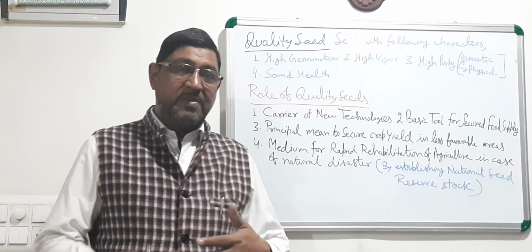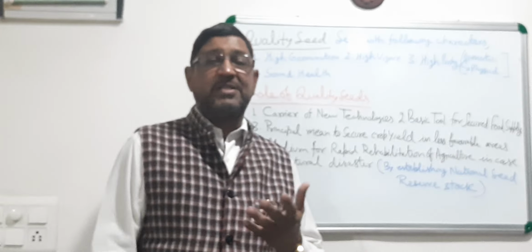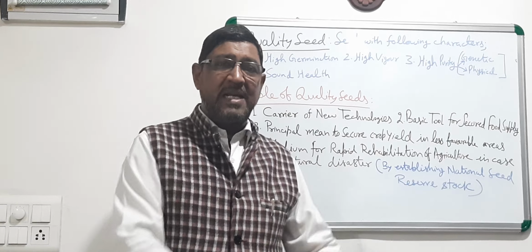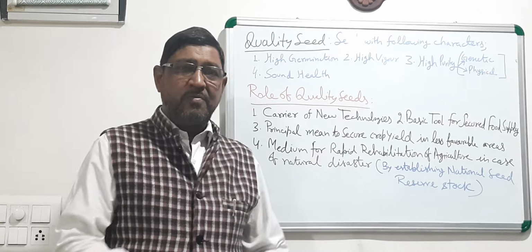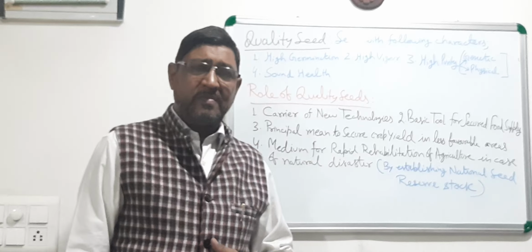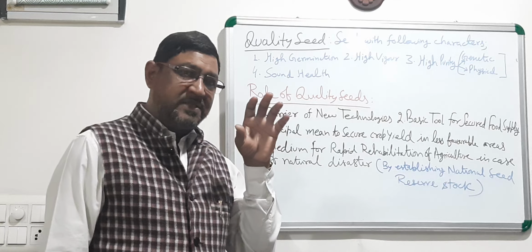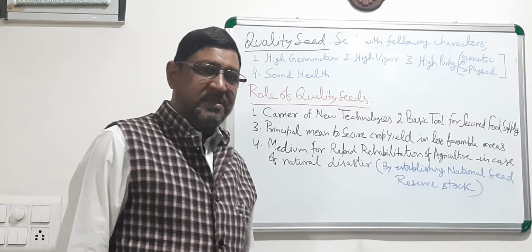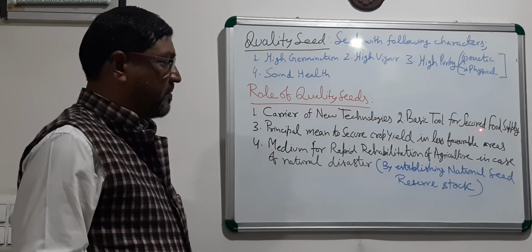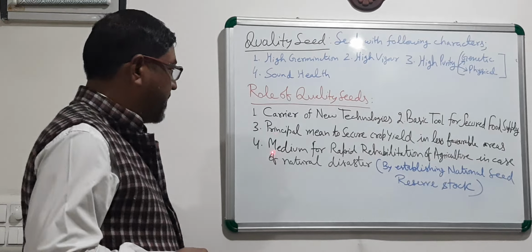Similarly, this is a continuous process. Breeding is a continuous process to meet the challenges of an ever-growing population, to feed them. So seed is the main input, you can say. It has to play its role for food security.